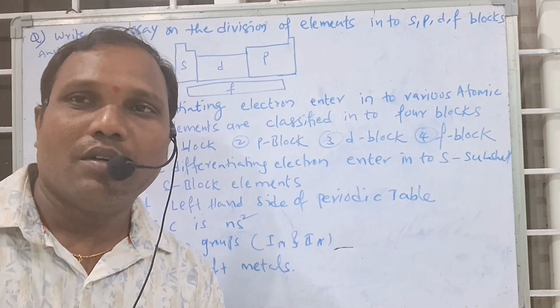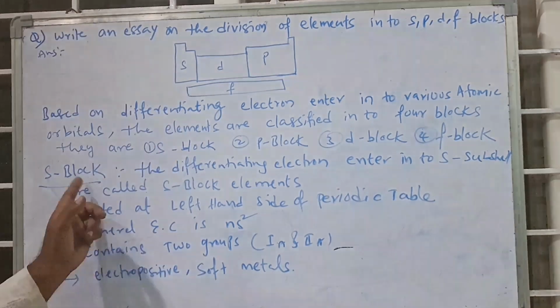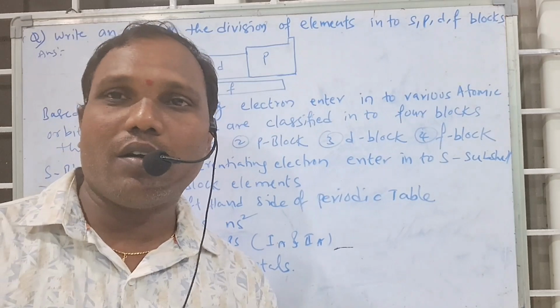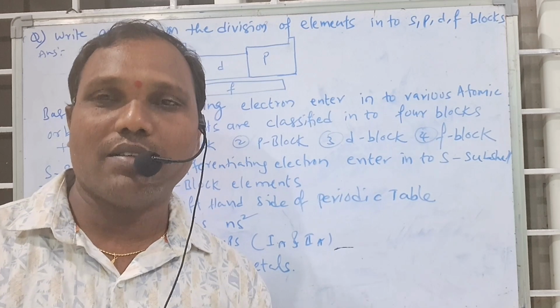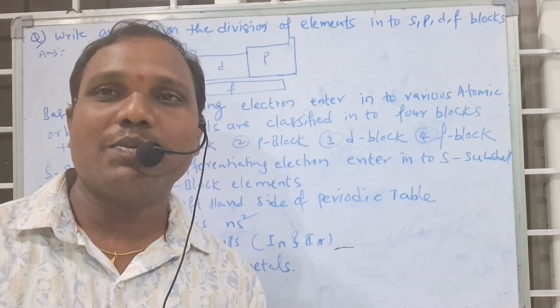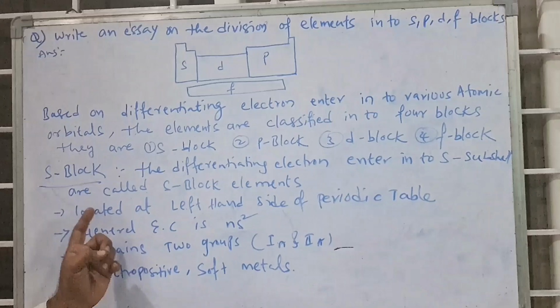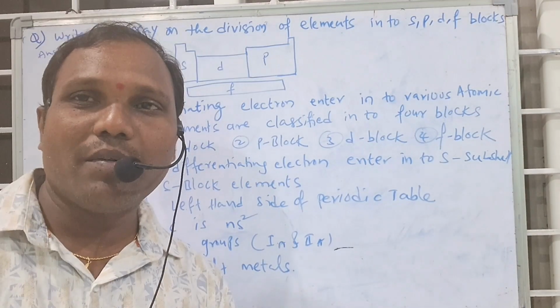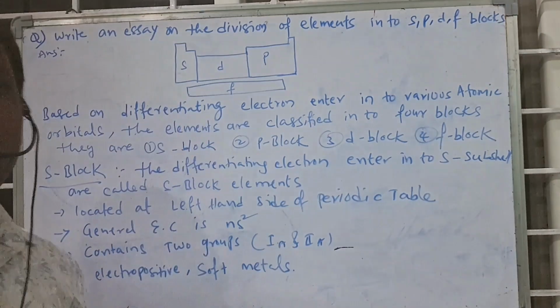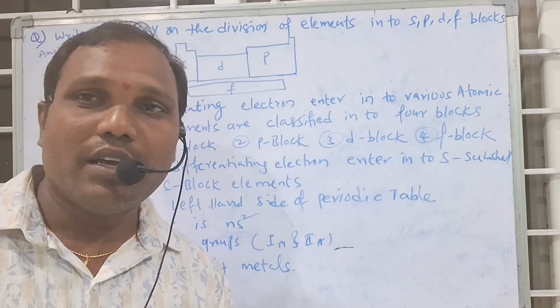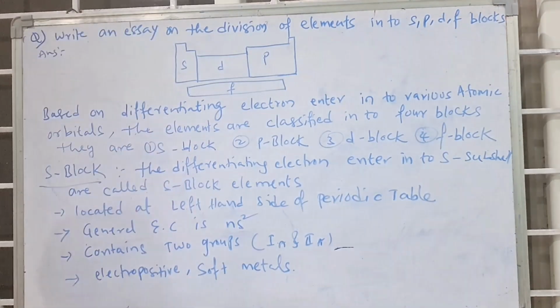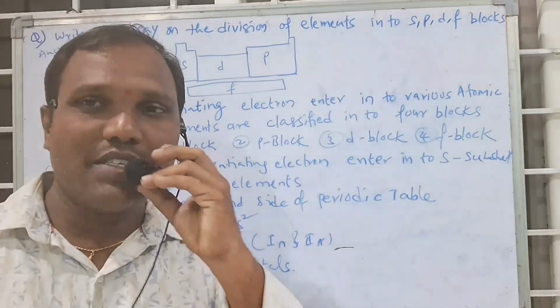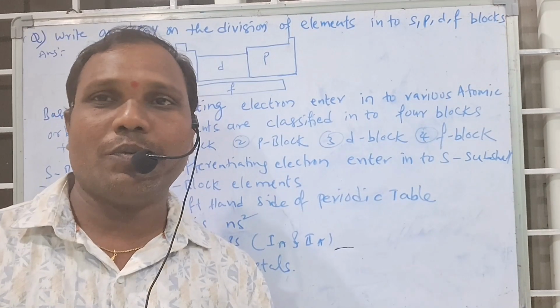Now s block elements. The differentiating electron enters the s orbital; such elements are called s block elements. They are located at the left hand side of the periodic table. The general electron configuration is ns2.